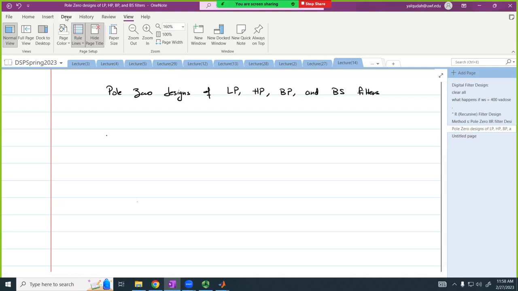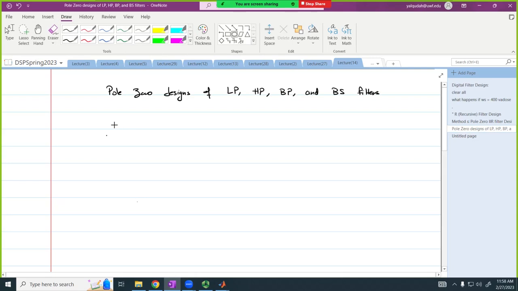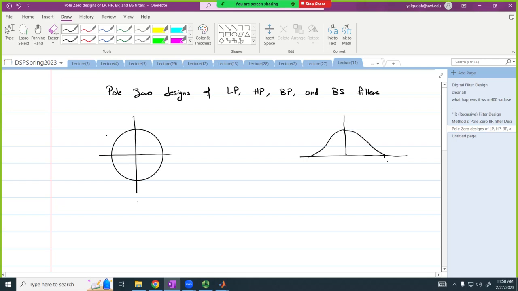So let's start with a low pass filter. What is the simplest low pass filter we can build? Okay, let me plot the frequency response to help you answer. So I want a frequency response that looks something like this. So this is pi, this is negative pi, and this is H of e to the j omega.